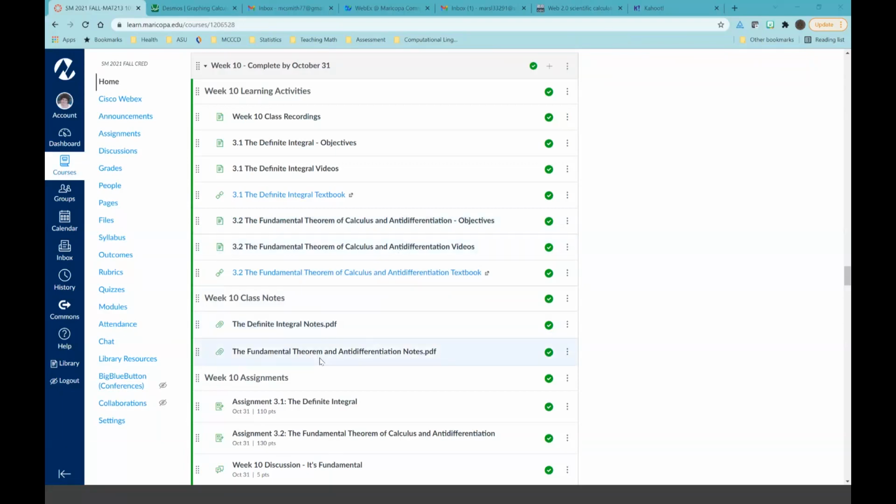Okay, so I'm going to be using these fundamental theorem and antidifferentiation notes right here. And if you give me a moment, I'll bring those up and share them with you.